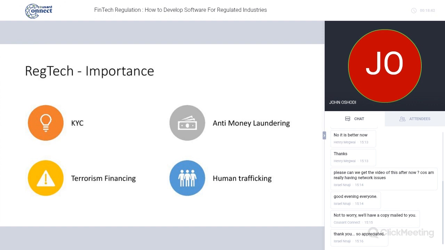You don't want to get into business with somebody who's doing something that they shouldn't be doing. So ultimately, before you onboard a customer, you need to really know who they are, and try and find out all the relationships they have or that their businesses have, to be able to find out what sort of person they are. Because if you don't, we move on to the next point, which is anti-money laundering.